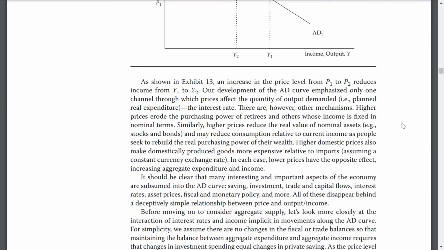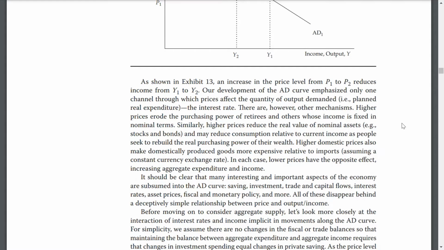Our development of the AD curve emphasizes only one channel through which prices affect the quantity of output demanded, that is, planned real expenditure: the interest rate. There are, however, other mechanisms. Higher prices erode the purchasing power of retirees and others whose income is fixed in nominal terms.